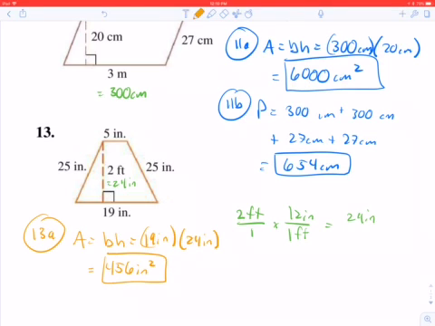Let me check. Maybe I made a mistake there. Let's see, base times the height. Maybe it's not base times the height. I was just doing it off the cuff. Let me see again.